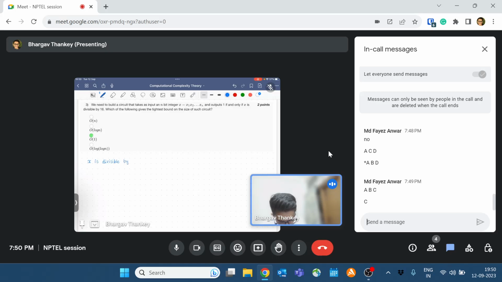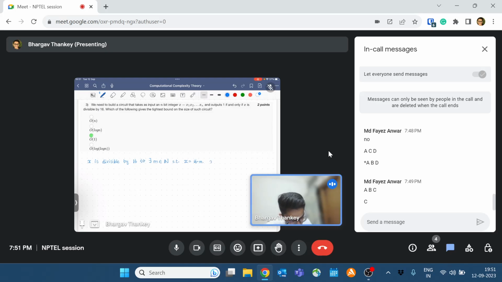So x is divisible by 16 if and only if there exists an integer m, where n is the number of bits, such that x equals 16 times m. So the binary of x would be equal to the binary of 16 times the binary of m.